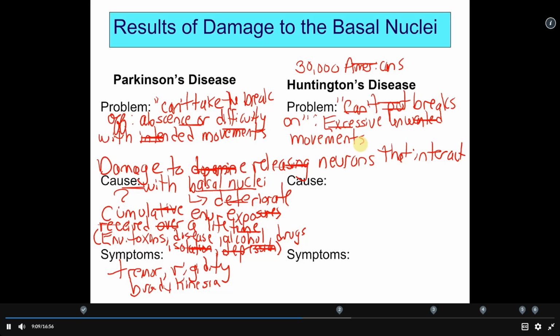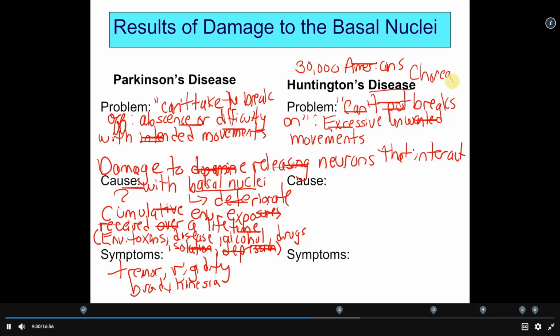Sometimes those movements have been described as dance-like movements, where people are kind of throwing their arms and their legs in the air. In fact, Huntington's disease used to be called Huntington's chorea, and that's short for choreography, which is basically the steps that you take for a dance.